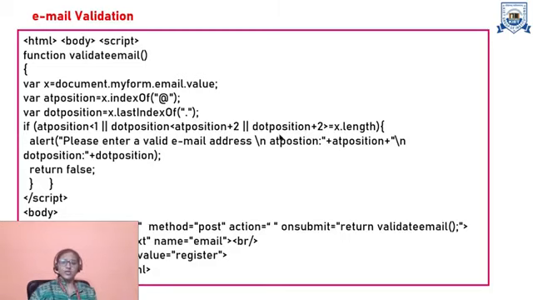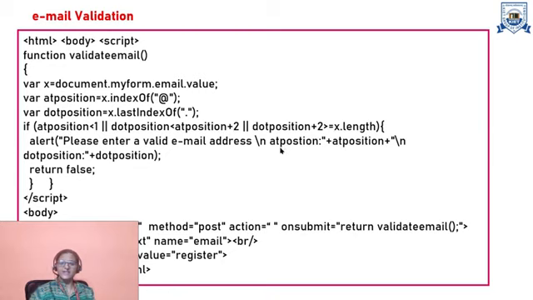Or your dot position plus 2 is greater than or equal to x dot length, which means your email has finished, its length is finished, so dot position plus 2 has become greater than the length, meaning there are no more characters after the dot symbol. In that case, the alert will appear with the message, please enter a valid email address.